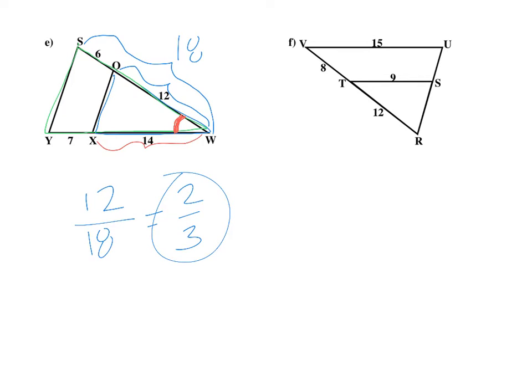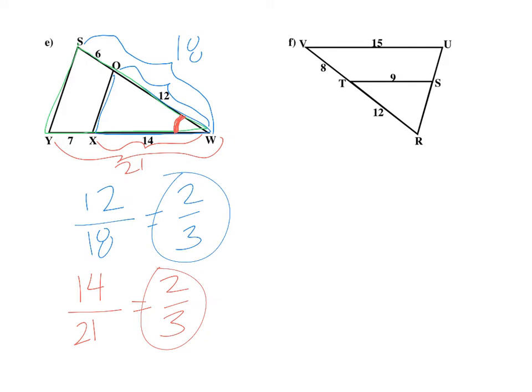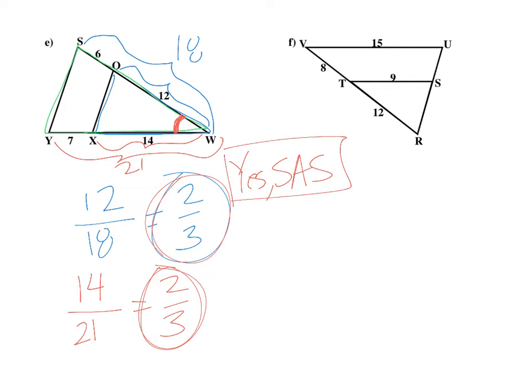This is 14 for the blue triangle. Then this is 21 for the bigger triangle, and that reduces to 2/3. Since the ratios are equal, then I know that the triangles are similar by what shortcut? SAS.